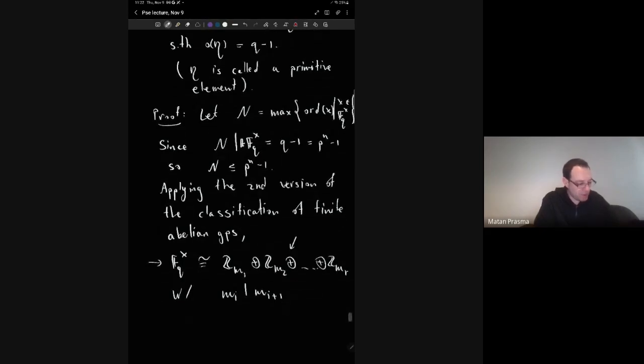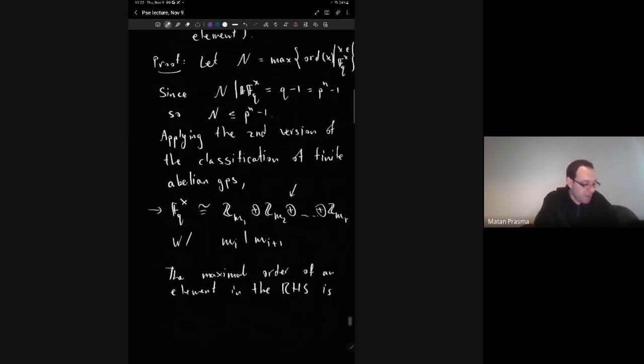The maximal order of an element in the right-hand side is simply MR, right?